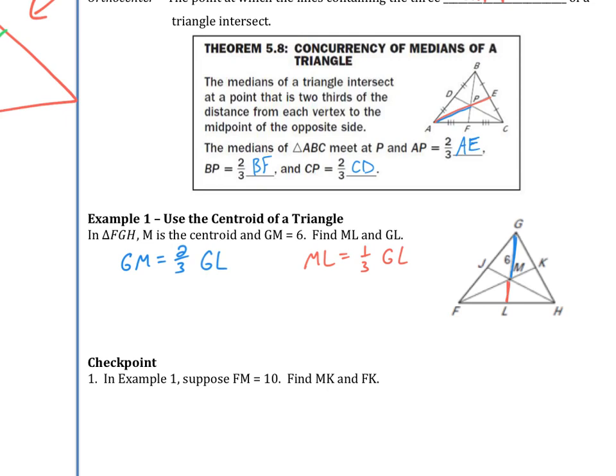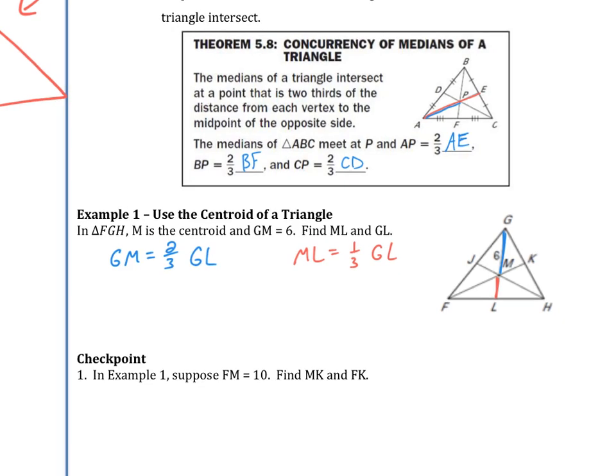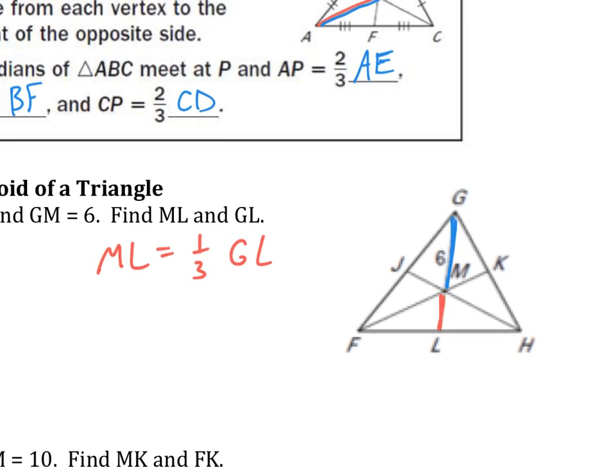The way I like to think about it is this. If the blue part is bigger, and that's the 2/3 part, and the red part is smaller, that's the 1/3 part. 2/3 is twice as big as 1/3. Okay, so if the bigger part is 6, the smaller part is going to be the bigger part divided by 2.